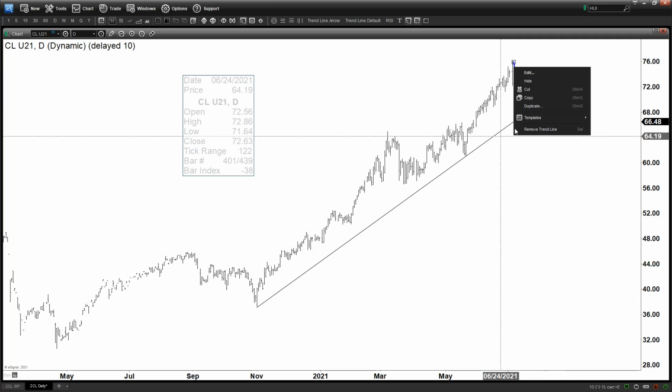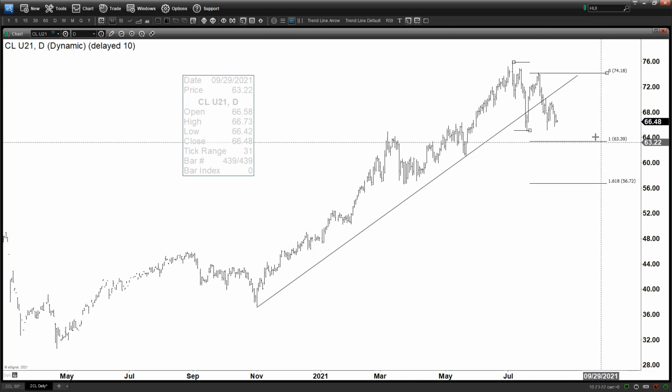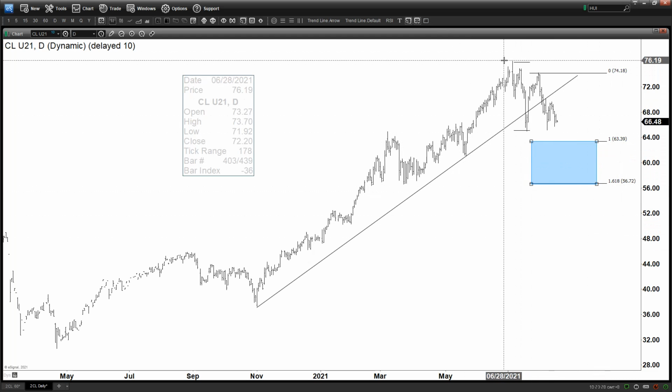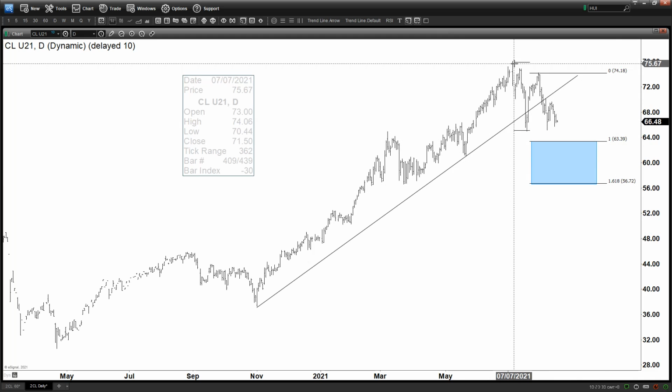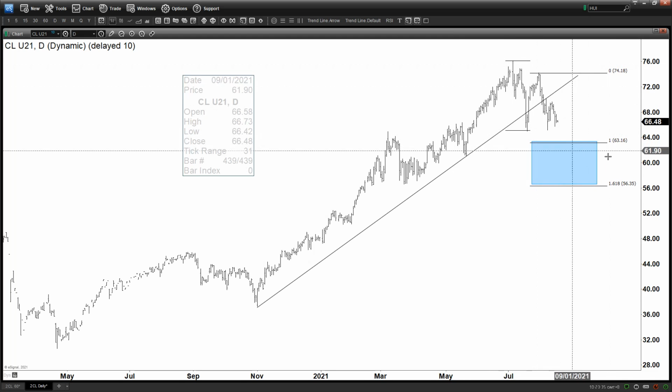If you measure the target here, then potentially oil can go all the way to this area before finding support between 56 and 63.